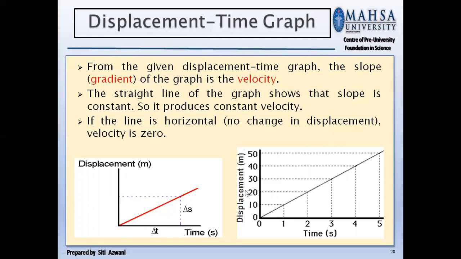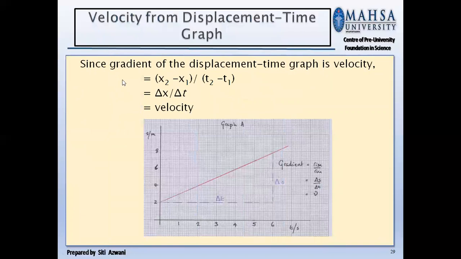When you have a horizontal line, no changes, the slope is equal to 0, the velocity is equal to 0. You learn this part in detail in physics 1. This is just an example: if you have a displacement versus time graph, you can get the velocity from the gradient, from the slope.